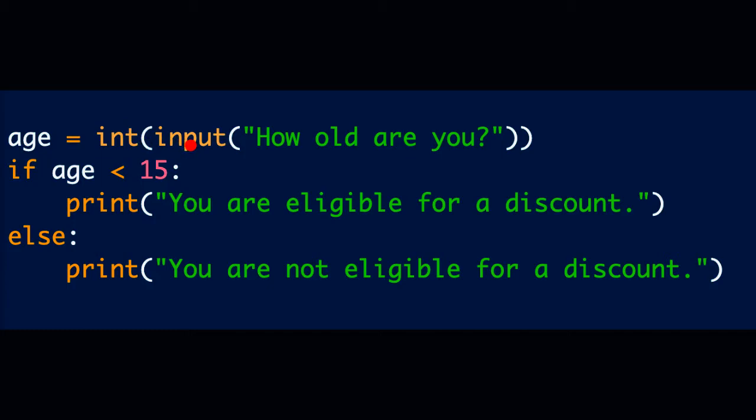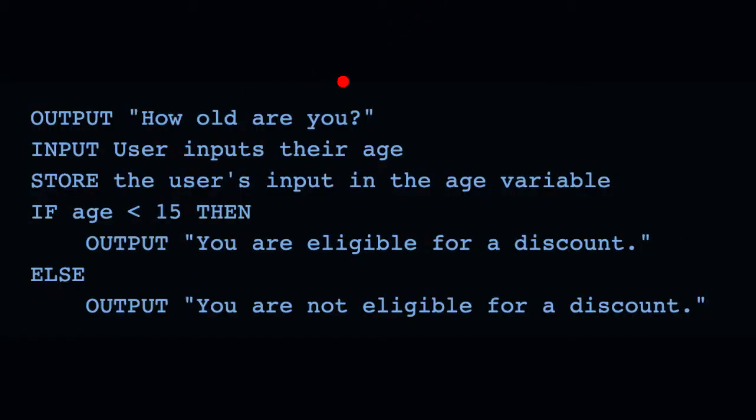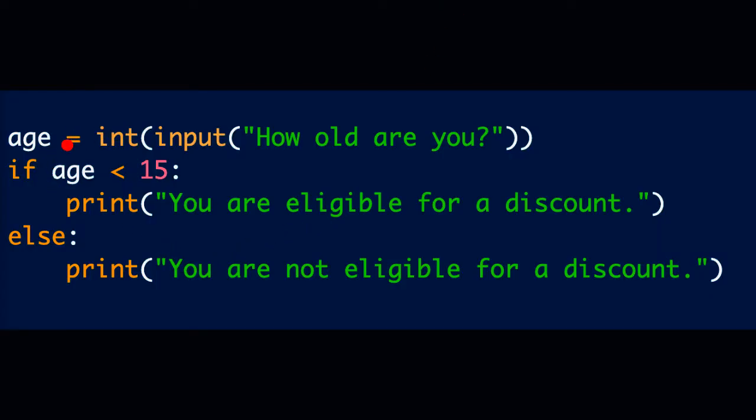What input does is show this on the screen and wait for the user to key in something. And typically what we receive is a string. We have to convert it to an integer. So don't get confused, I'll talk about it later. But because I have to write real code, we need this int. This is written in Python version 3. And then the amount is stored in the variable age. So technically, these three lines of pseudocode converted to this one line.